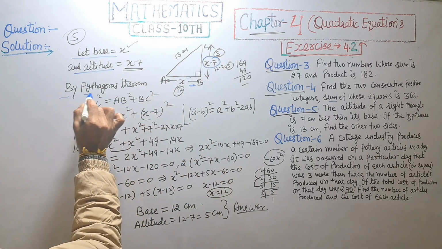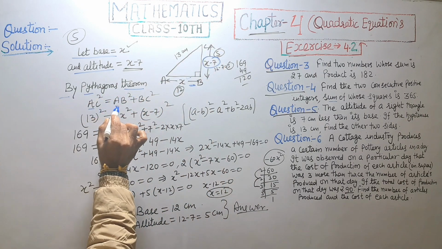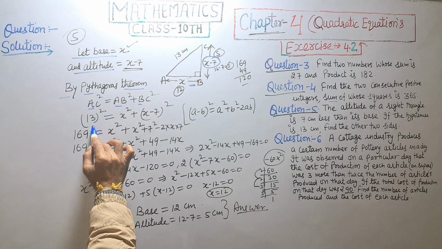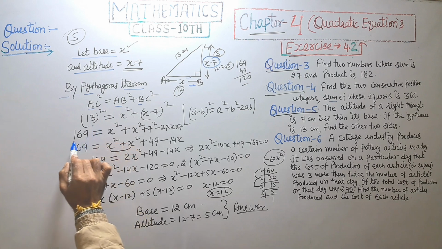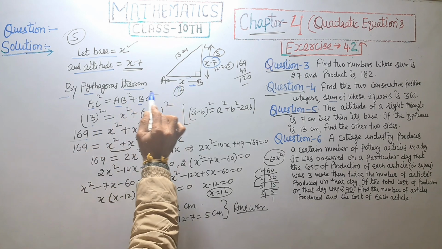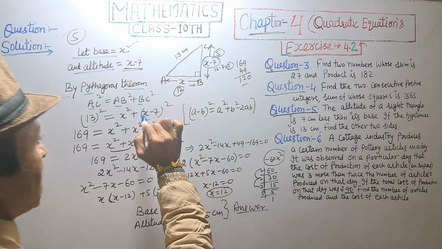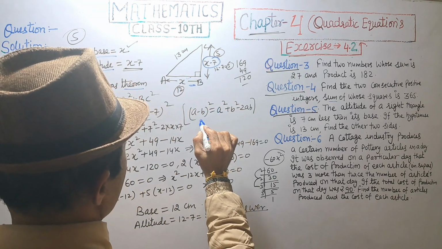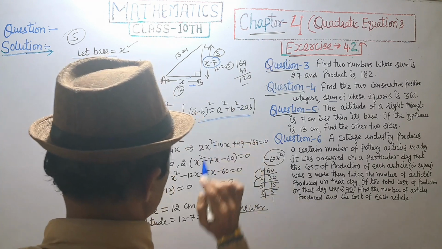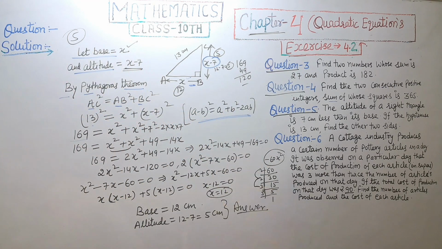So by Pythagoras theorem, AC square is equal to AB square plus BC square. AC is given, 13 square, 13 13s are 169, and AB is x, so x square plus BC is x minus 7. We are applying the formula (A minus B) raised to power 2, that is equal to A square plus B square minus 2AB.